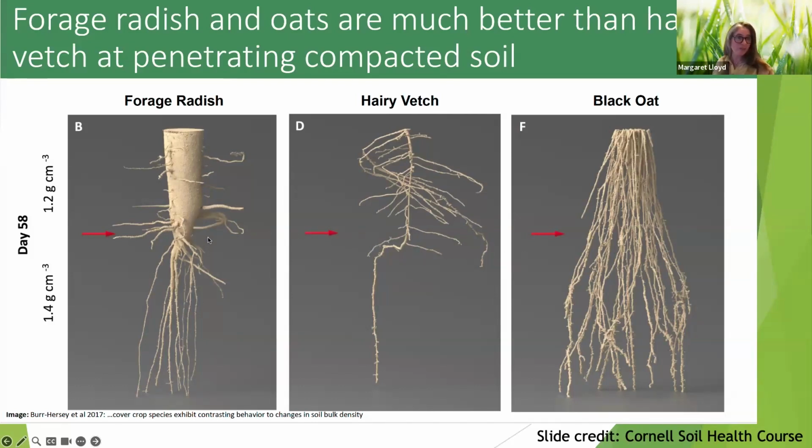So the forage radish did pretty good at breaking through that compacted soil. The hairy vetch did not do very well, whereas the oats did excellent.